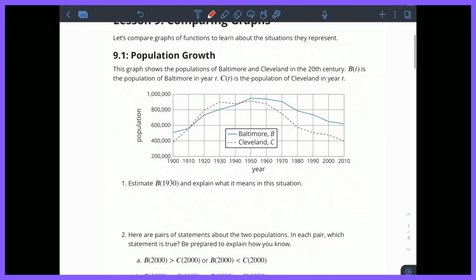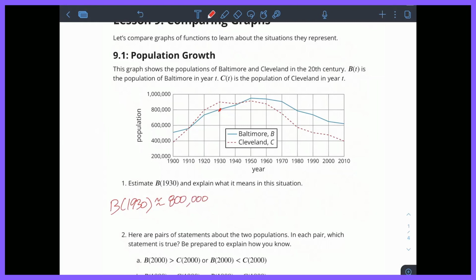So using the graph, looking at B of 1930, now remember that Baltimore is the blue line. 1930 looks to be about right here, in this little red dot that I just drew. So that's approximately 800,000 people. So B of 1930 is approximately 800,000 people.